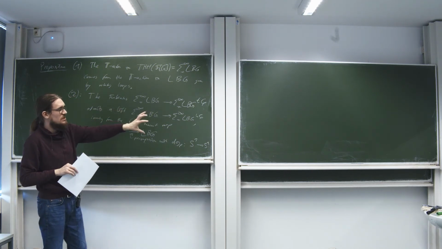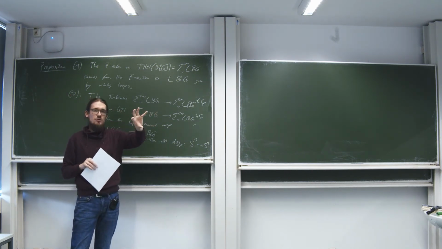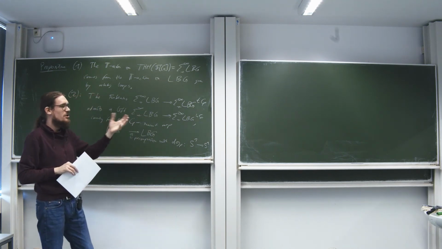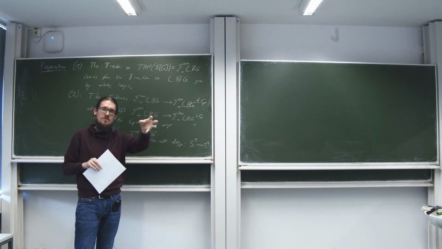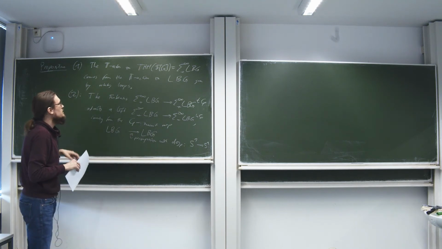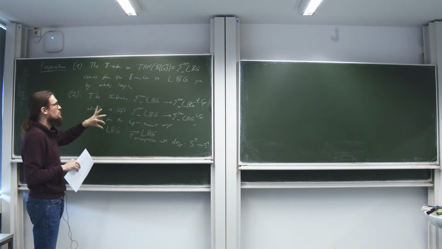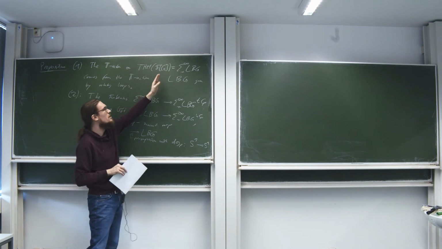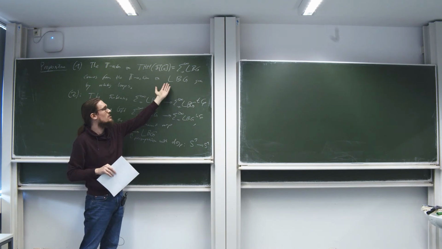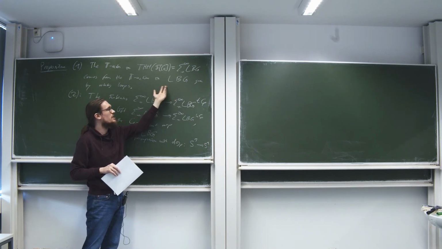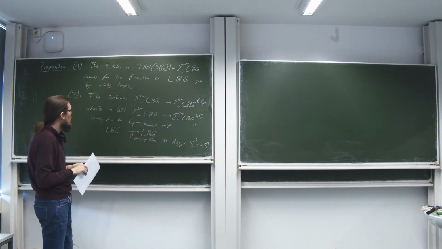And in the cyclic nerve, the C_n action is given by rotating this category S_n by one step. And under this geometric realization, that corresponds to rotating the circle by 1/n. And so these fit together to describe the S^1 action on the circle itself. And then by mapping out of it, this gives you the S^1 action on LBG that I described here.